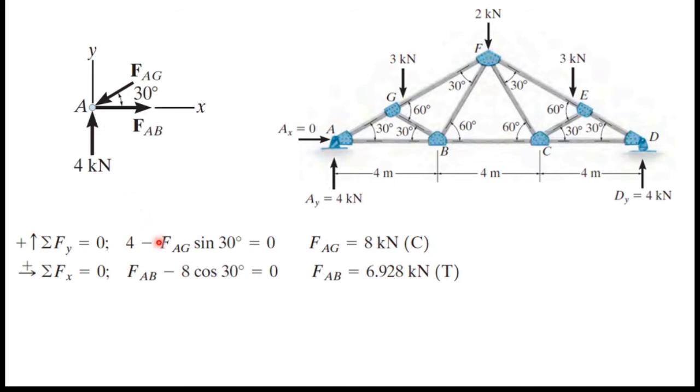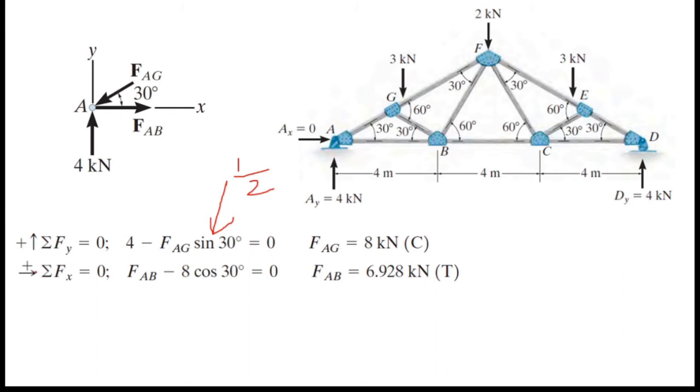So I can write FAG sine 30. Instead of sine 30, I can write 1 over 2 from the trigonometric table. Then I can simplify this and get FAG equals 8 kilonewton. This FAG force is marked towards the joint, so I got a plus answer. That means this FAG force is a compression force.